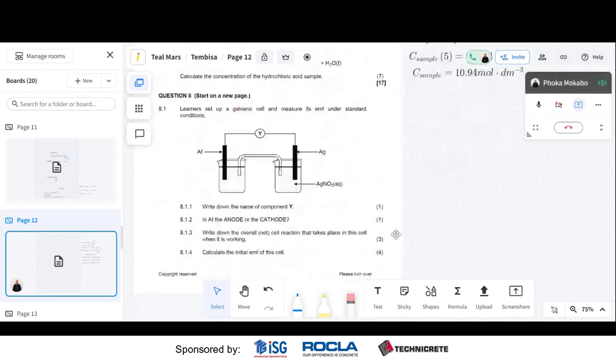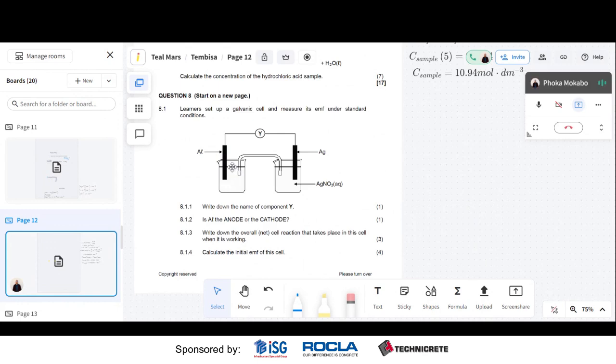Question 8, new section. And in this case, we are doing electrochemistry. Okay, I'm about to tackle an electrochemistry question. To start things off, we are looking at a galvanic cell that has aluminium as one electrode.